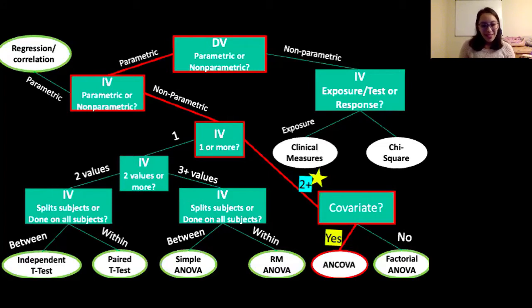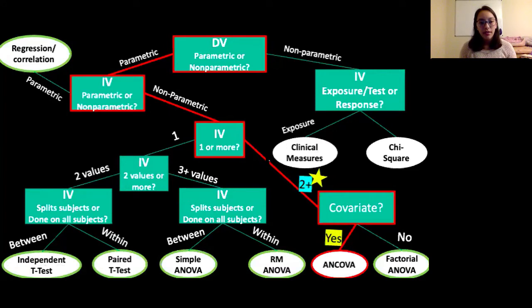It's yes and no the case. This is the decision tree that the book gives, and I agree with it to a certain extent. And the main reason is this 2 or more independent variables, because with covariates, you can have a one-way ANCOVA, you can also have a two-way ANCOVA, right? The number of independent variables can be 1 or more.